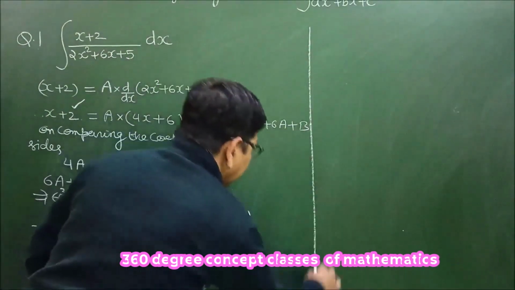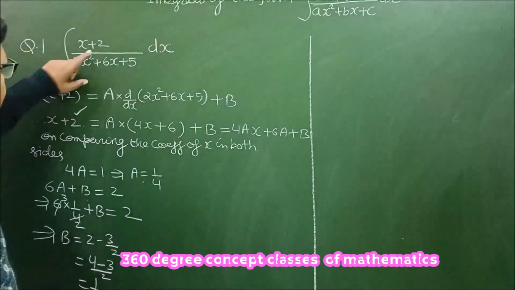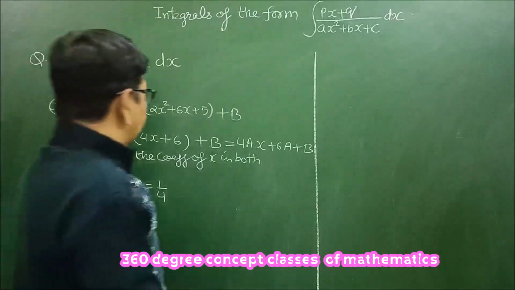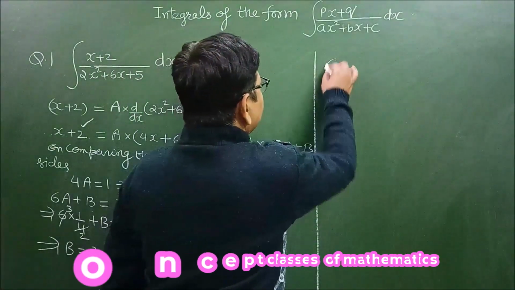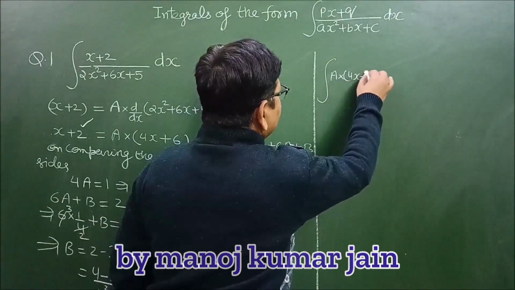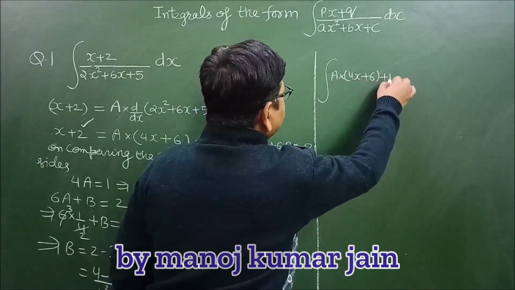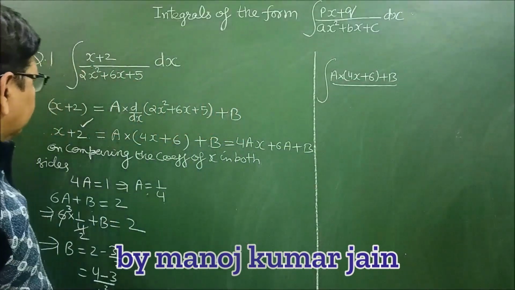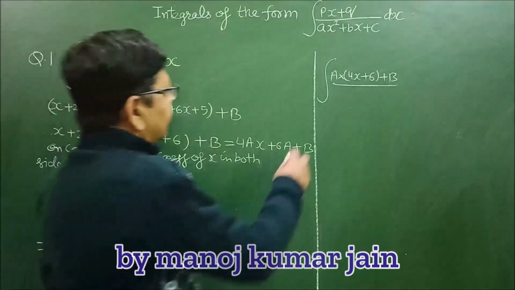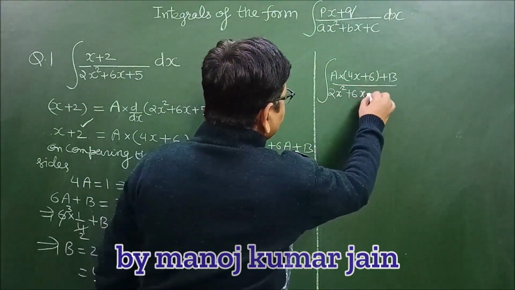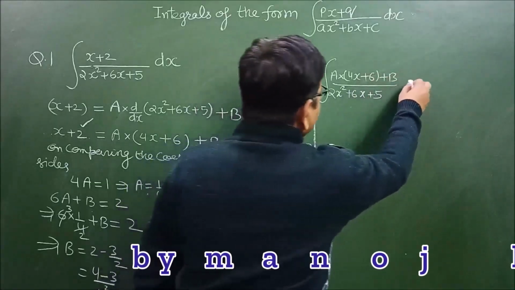So replacing x + 2 in this integral by a into (4x + 6) plus b, divided by (2x² + 6x + 5) dx.